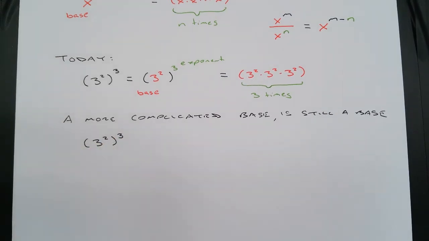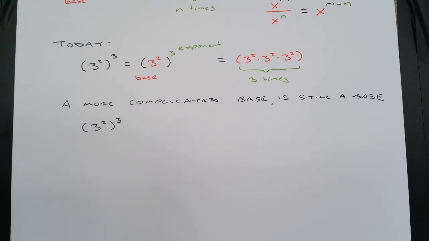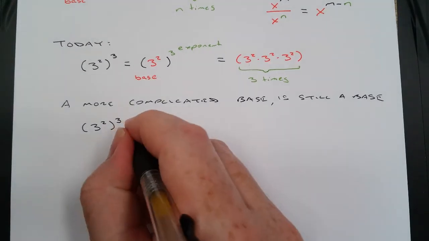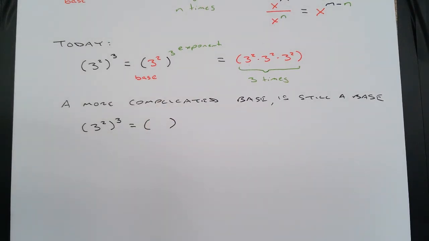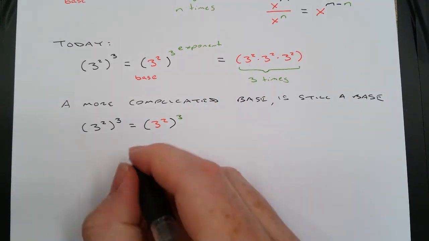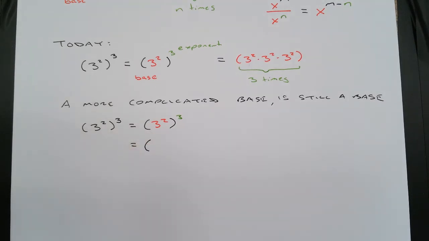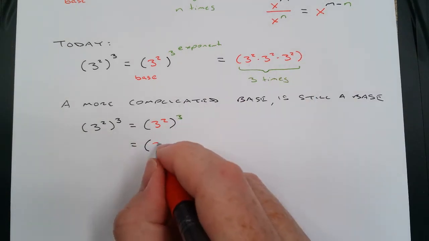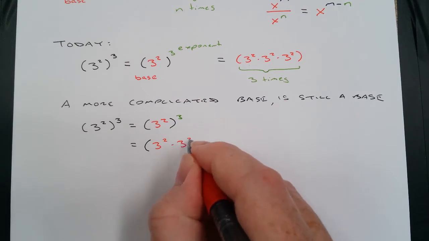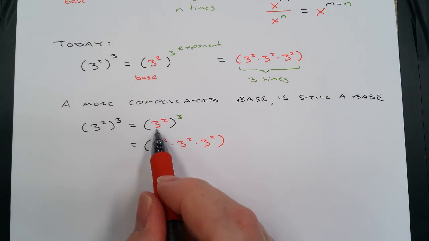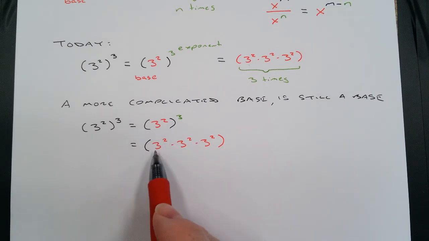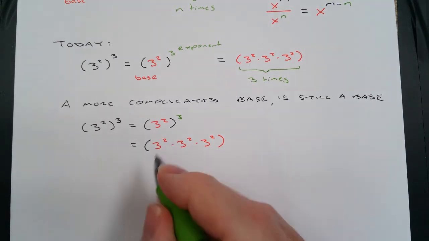Let me show you how we're going to combine lessons 1 and 2 to solve this. Remember, the base is 3 squared. The exponent is to the third power. So like before up here, we have the base 3 times.